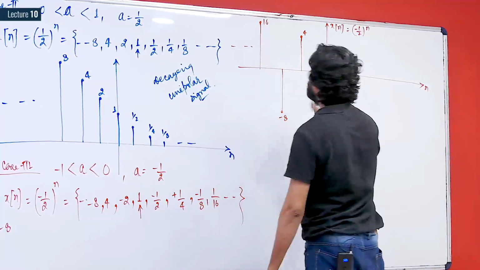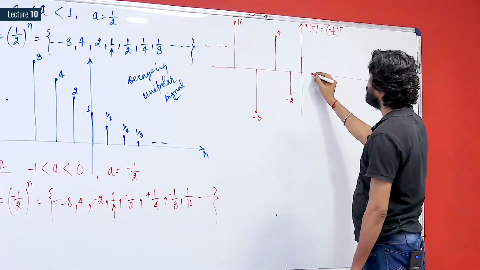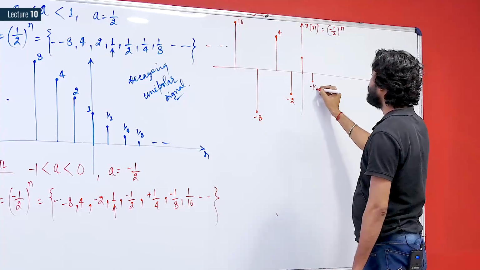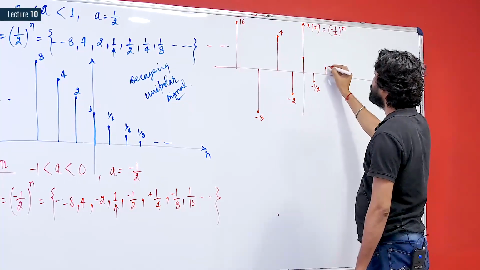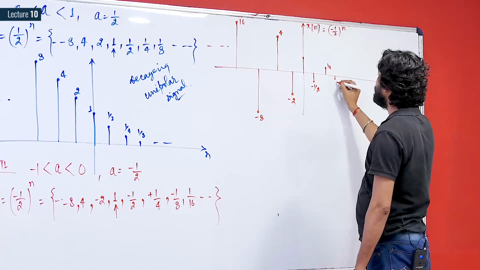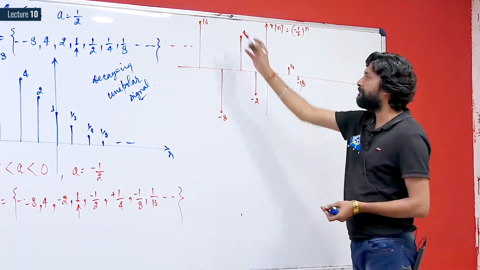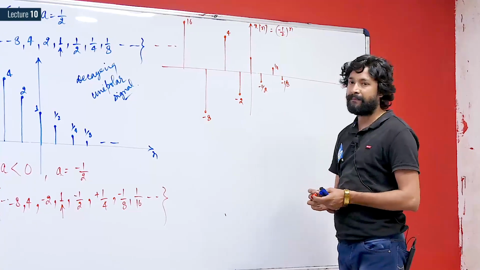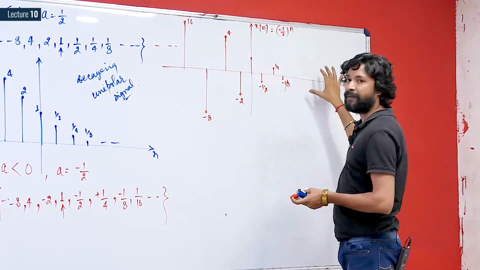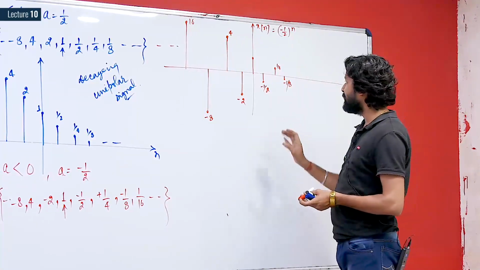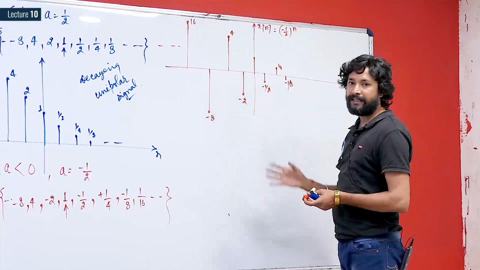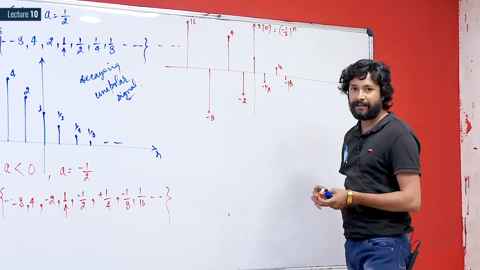And on the other side, it is going to be minus 1 by 2, then plus 1 by 4, then minus 1 by 8 and so on. So again, the magnitude of samples is reducing with an increase in n. But this function is bipolar, that is, it has positive as well as negative samples.